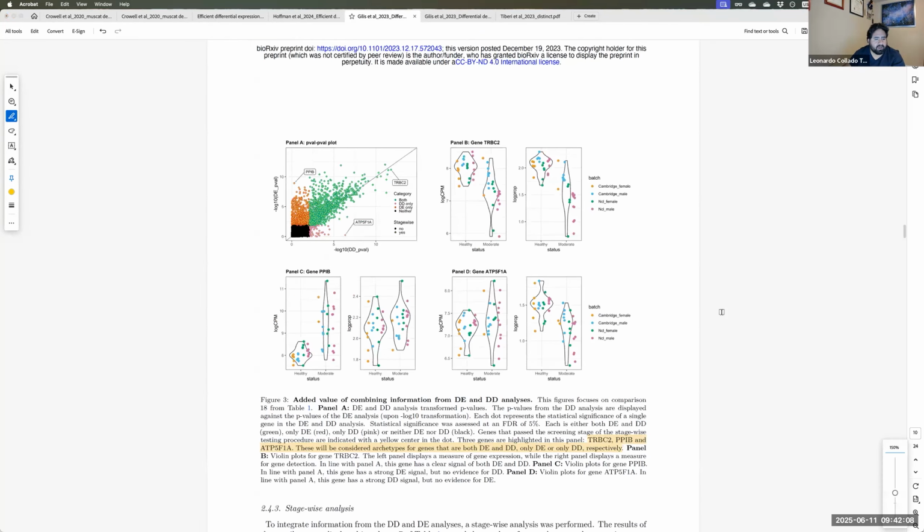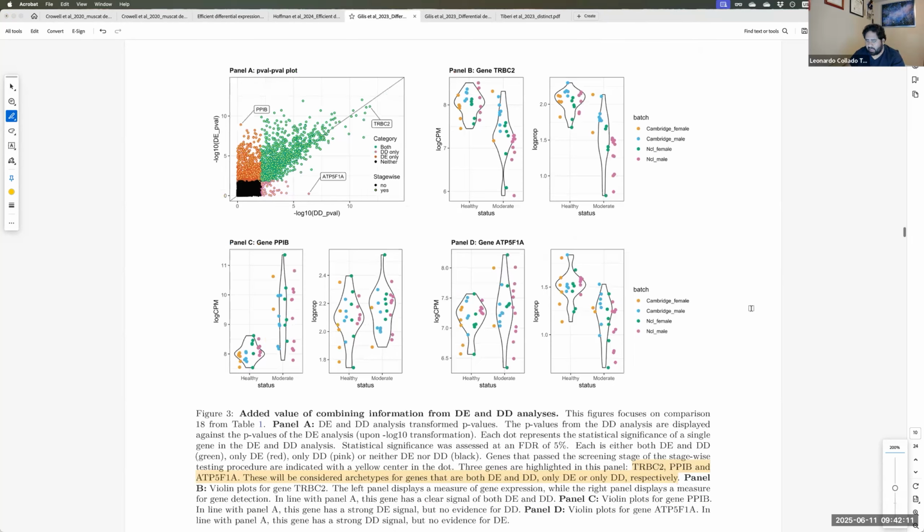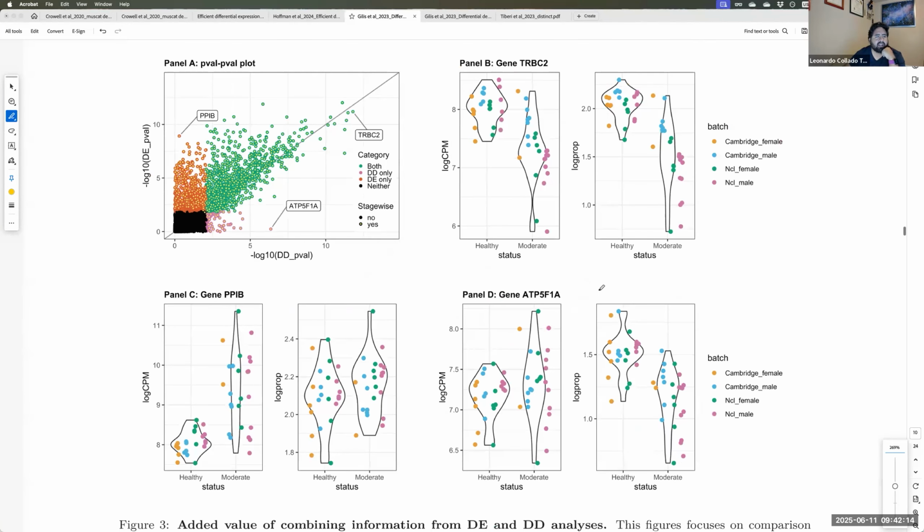And the figure over here is where they apply their method. Panel A shows the minus log 10 p-value for differential detection, their method that they just developed, against the minus log 10 p-value of differential expression. This y-axis over here is differential expression using muscat, pbDS, using edgeR.